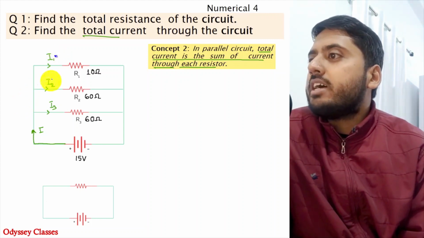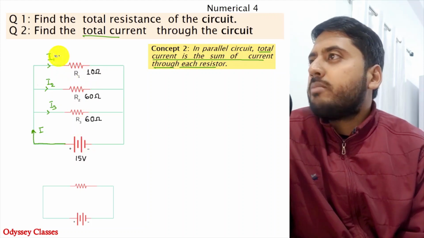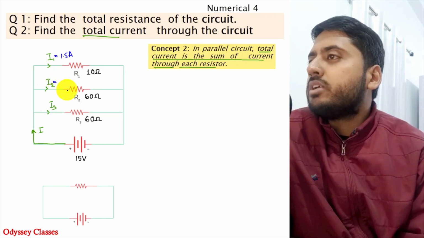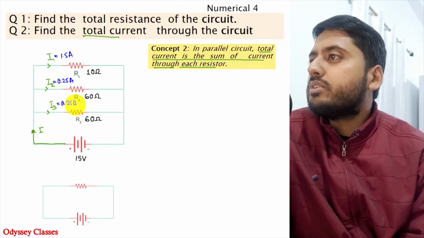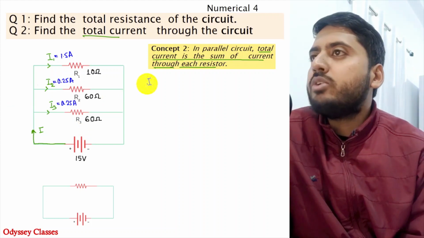I1 is coming as 1.5 amperes. I2 is coming as 0.25 amperes and I3 is coming as 0.25 amperes. So we can directly add all the values here.